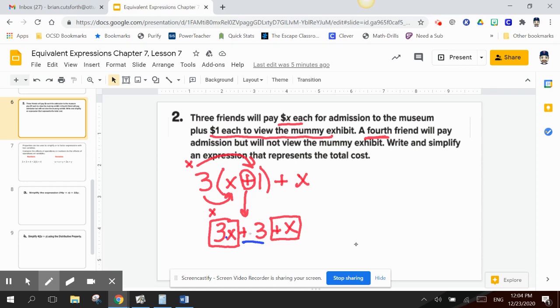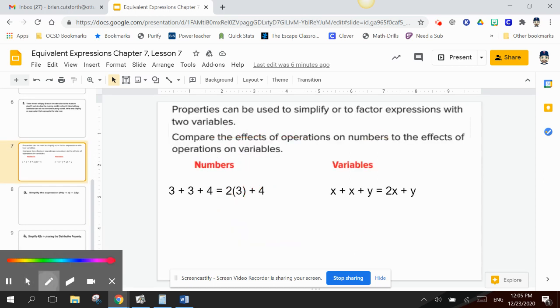So in this case, I have plus 3 as my underline, and in my box, I have 3 x's plus 1 more x is 4x. So to find out how much it would cost at the museum, I'd have 4 people going into the museum plus that extra $1 for the mummy exhibit.